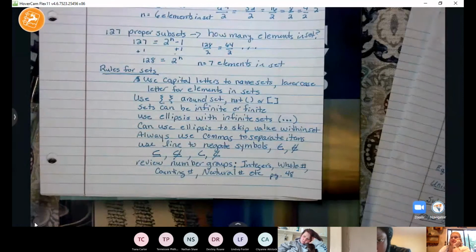If you don't have a textbook, you might want to look these number groups up just to refresh your mind about what goes in what. Which one has zeros, which ones don't have zeros, which one has positive numbers, which ones don't have positive numbers, things like that.